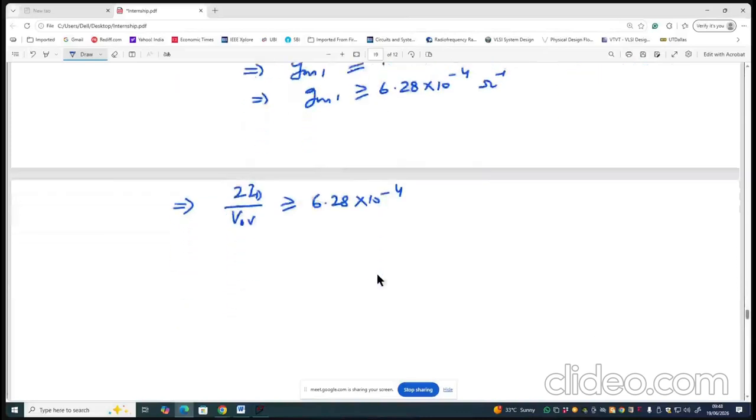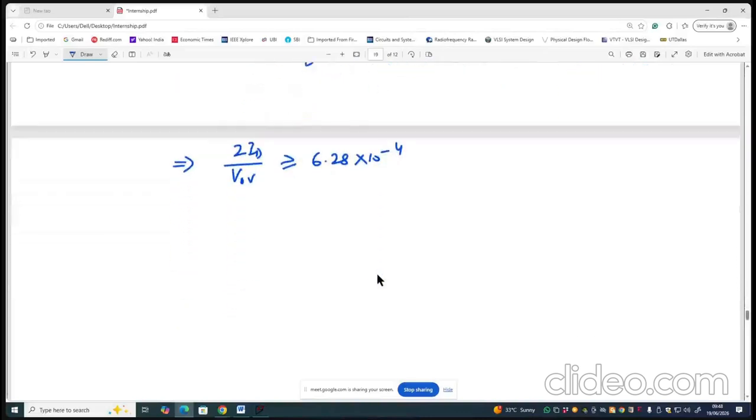From here, ID shall be greater than or equal to 3.14 into 10 to the power minus 4 into VOV.